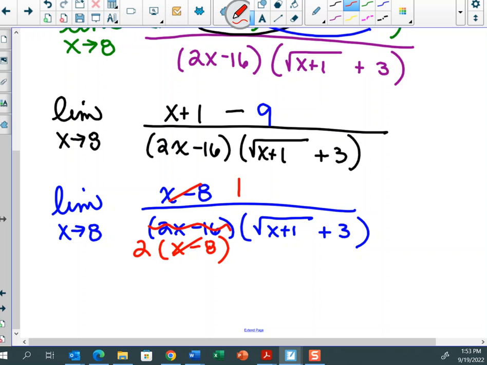If it's a 0 over 0 problem using a root, a conjugate will give you this. You'll be able to see the problem written. So a common factor in the numerator and the denominator will divide away. In this case, it's the only thing in the numerator, so I've got to fill in the space with a 1.